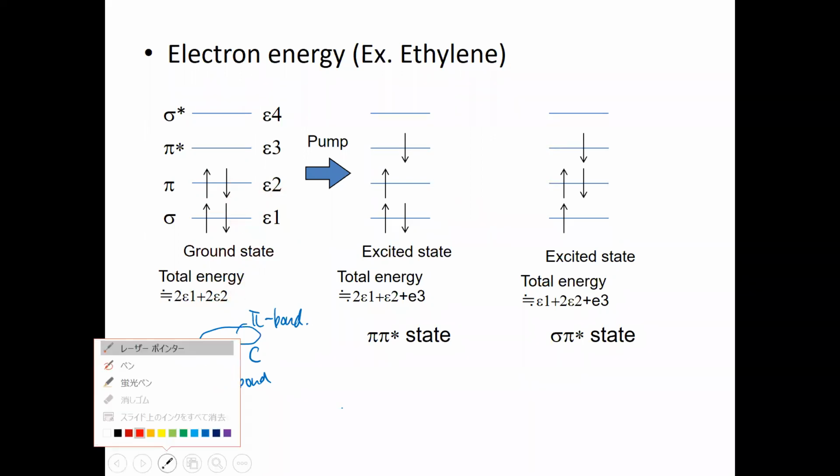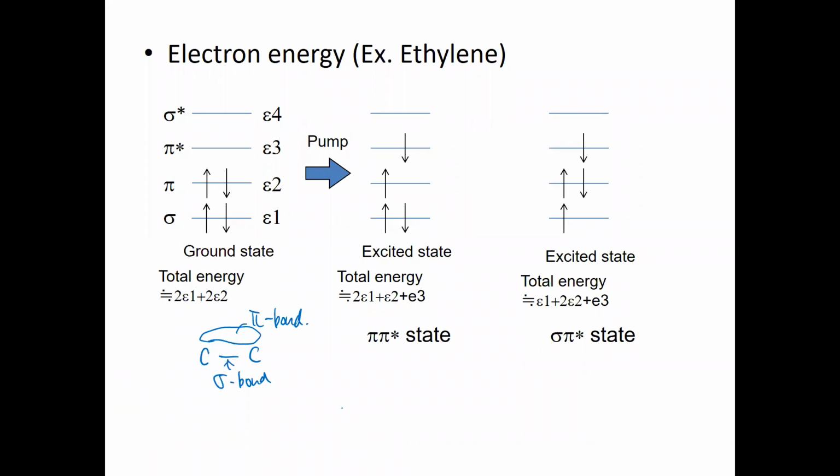So when one of the electrons is excited, you can simply imagine that there are many variations of how to excite this molecule.